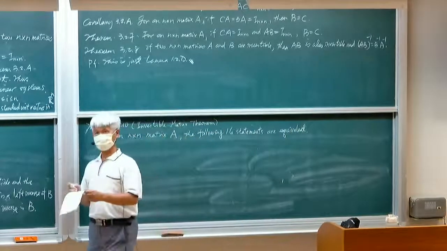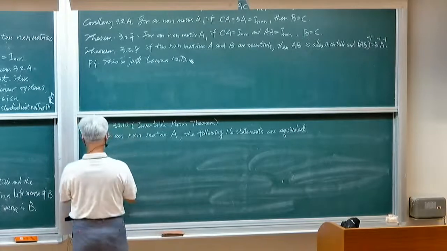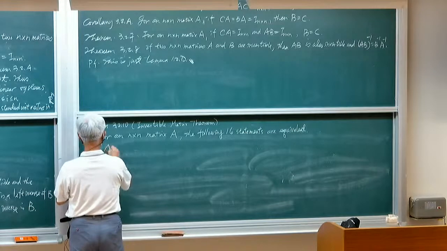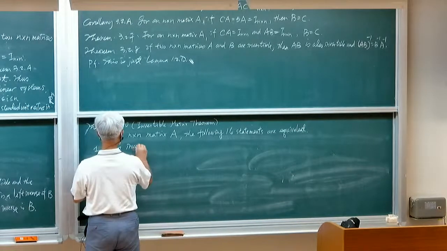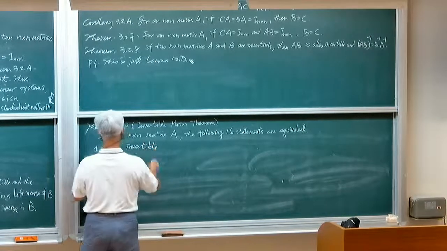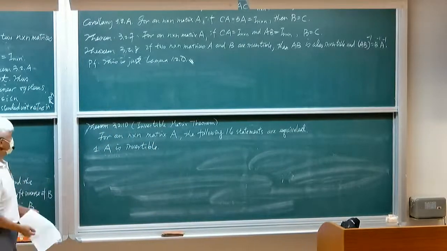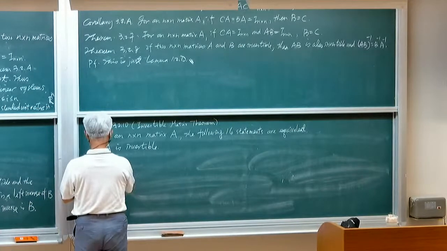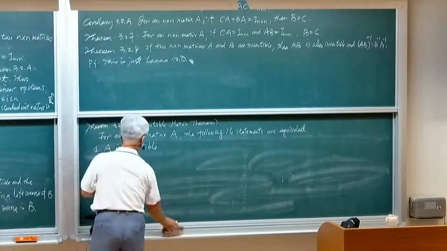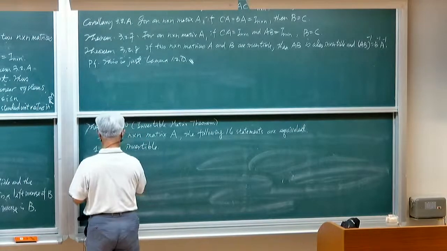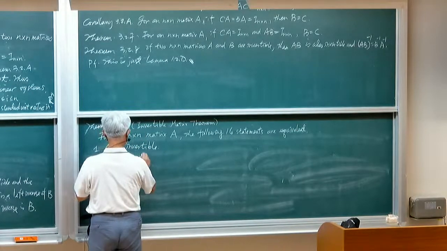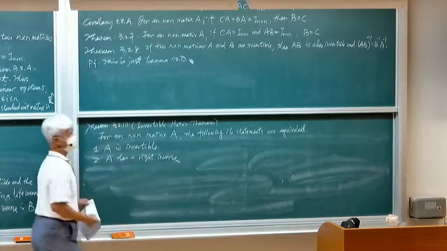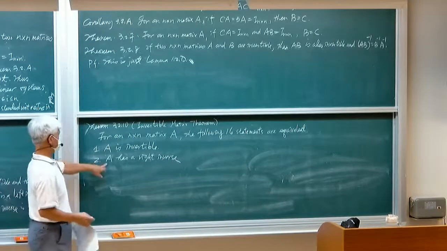I think it takes at least 5 minutes to write it all. Okay, so A is invertible. The first statement is that A is invertible. This statement is equivalent to saying that A has a right inverse.